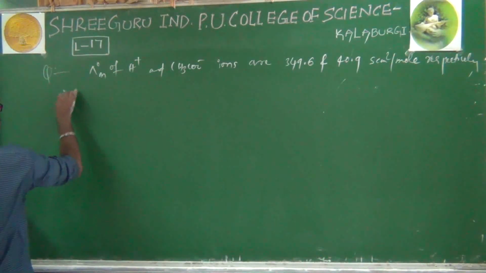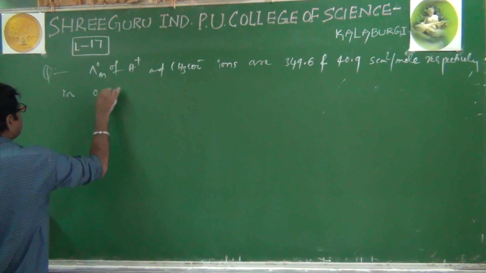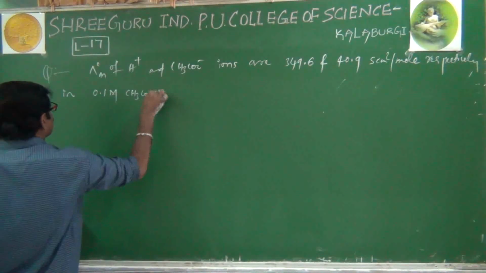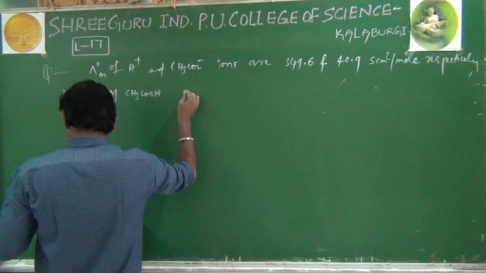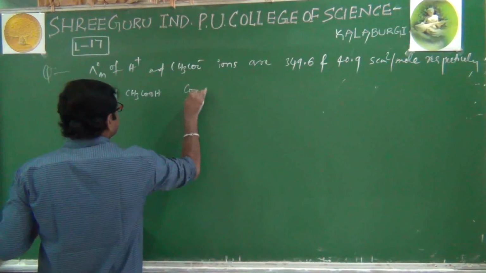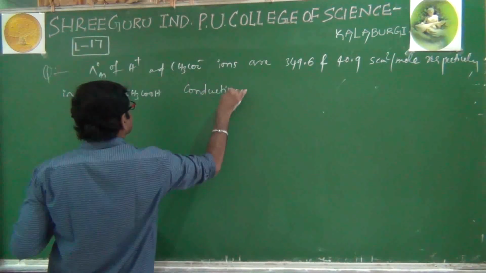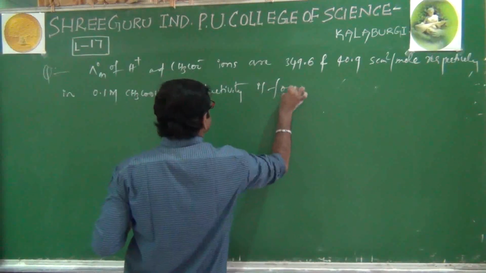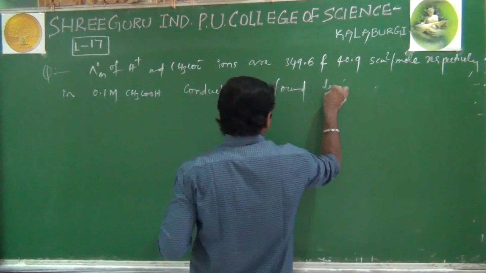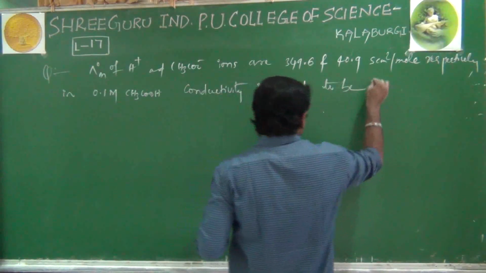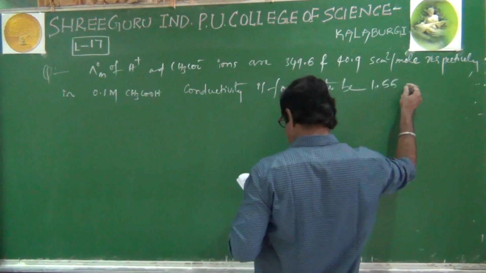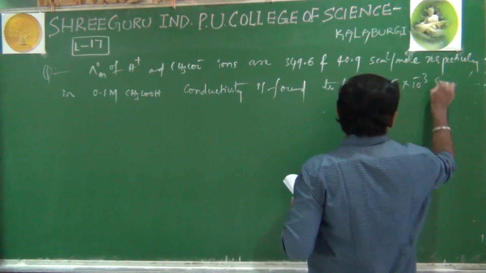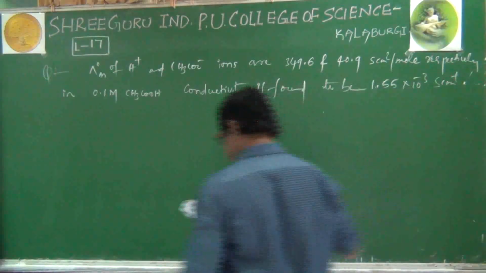In 0.1 molar CH3COOH, conductivity is found to be 1.55 into 10 to the power of minus 3 Siemens per centimeter.